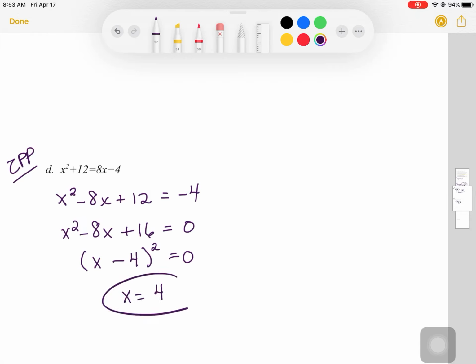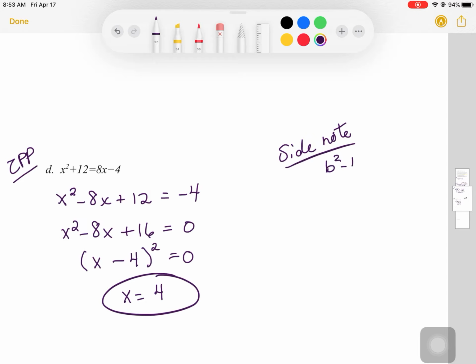It would be 4. So that's a situation where, if you guys remember, I called b squared minus 4ac the discriminant. And in this situation, this is just a side note over here.